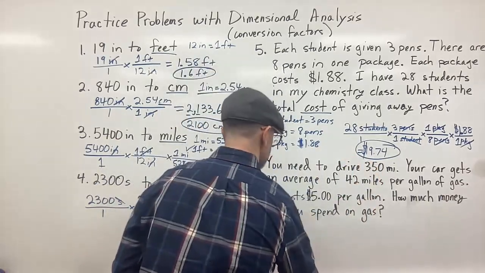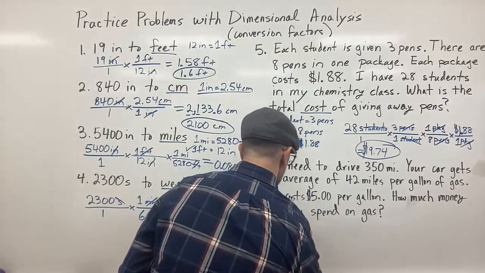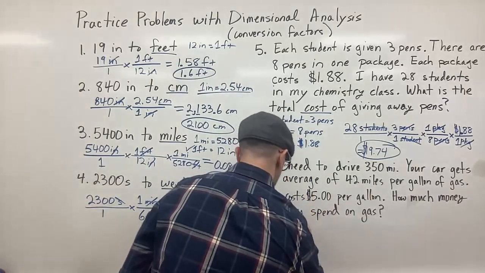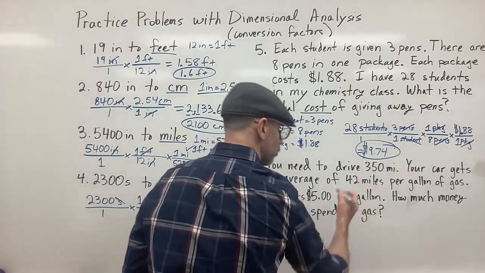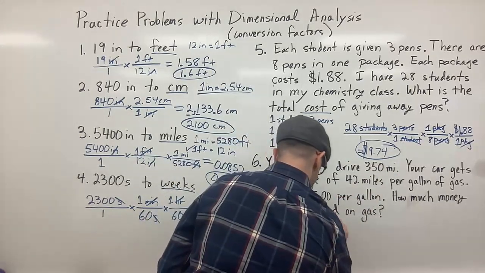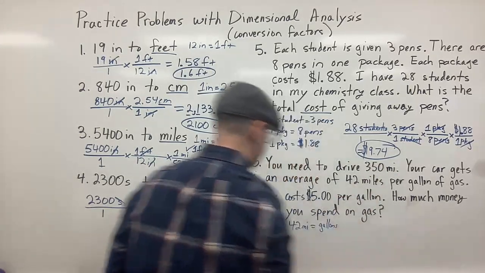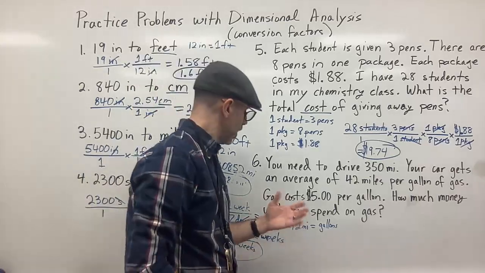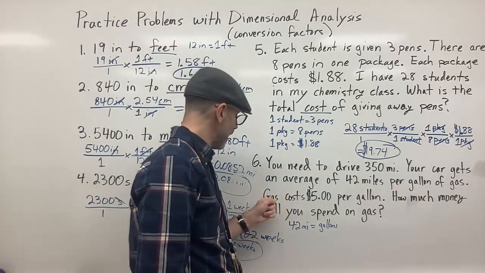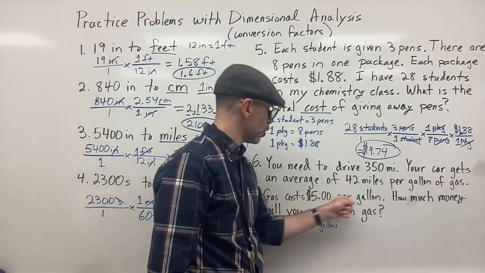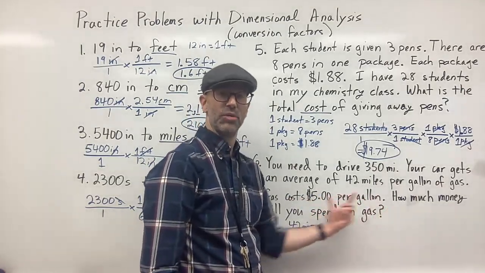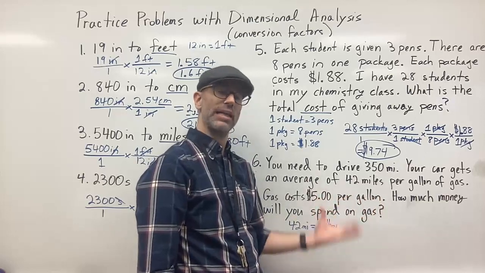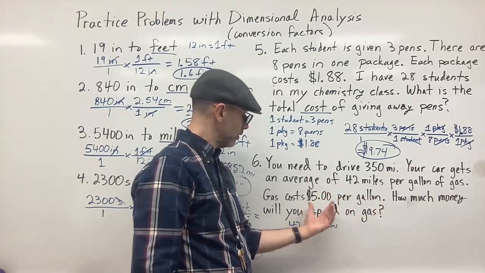So we know that 42 miles is equal to 1 gallon of gas. Okay. Then we're told gas costs $5 per gallon. There we are again, something per something. So that's going to be a relationship. So we're going to write that as an equality, right?